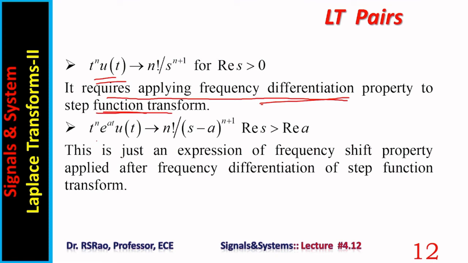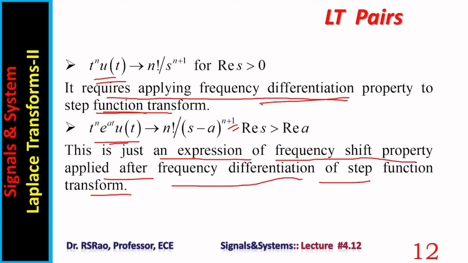Another function t power n e power at u of t. Its Laplace transform can be found equal to n factorial by s minus a power n plus 1. This is just an expression of frequency shift property applied after frequency differentiation of step function transform.